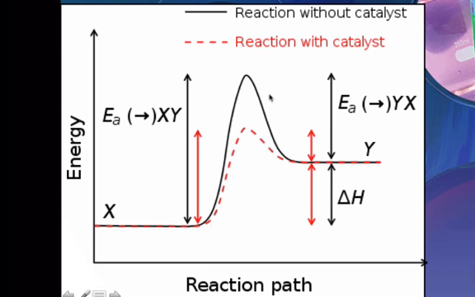For the reverse reaction, the activation energy would be a little less because we're starting at a higher energy value. The height of the hill doesn't change, but the difference there does. So the reverse reaction's activation energy would be less for this one. The forward is higher, and we can see when we add a catalyst, a lot of times what it does is it lowers that hill and makes the activation energy smaller, which we know will speed up the reaction.